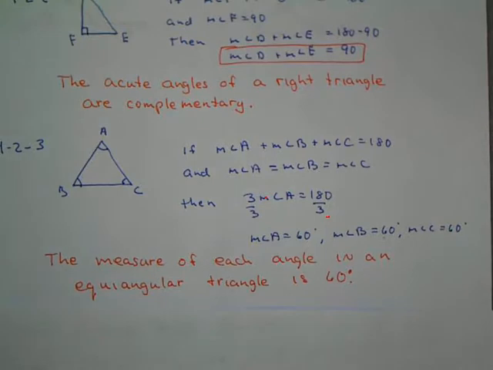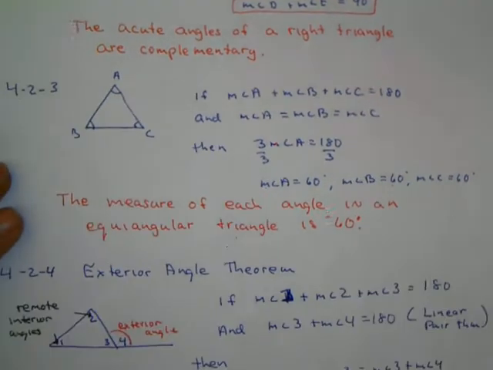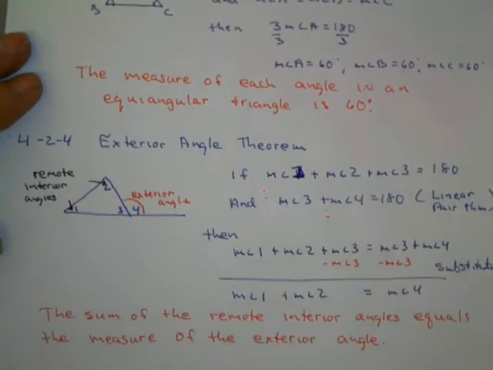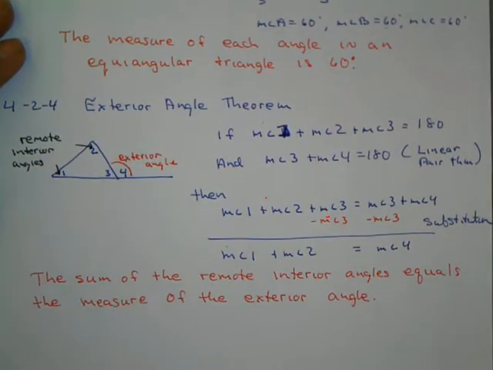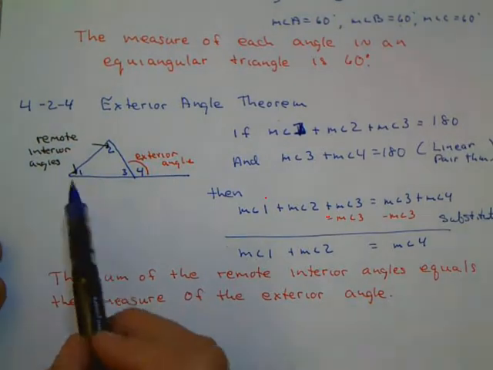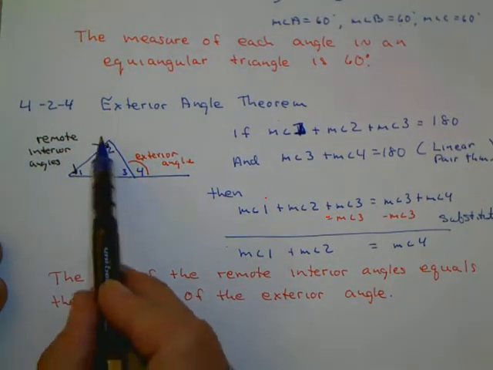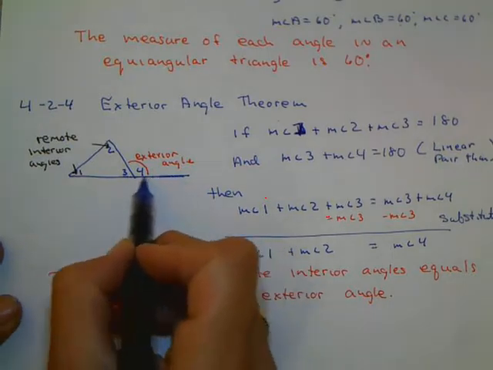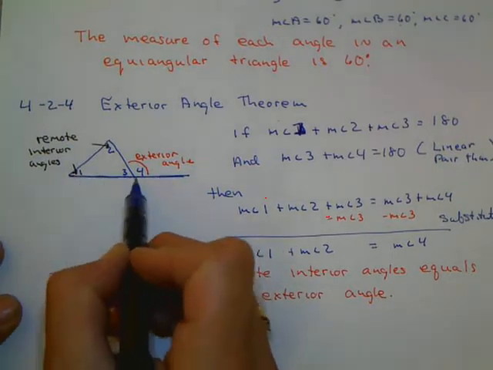Now this third theorem is a little bit more exciting, but I think you can follow me on this. Now let's start with this diagram. Okay, we have a triangle and we're going to extend one of the sides past the angle. And if we do it, we'll make an exterior angle to this triangle.